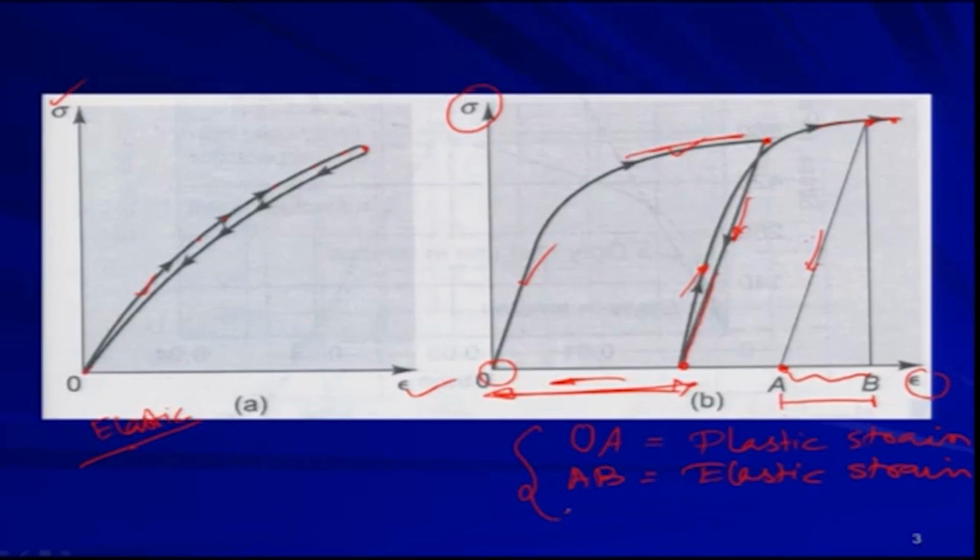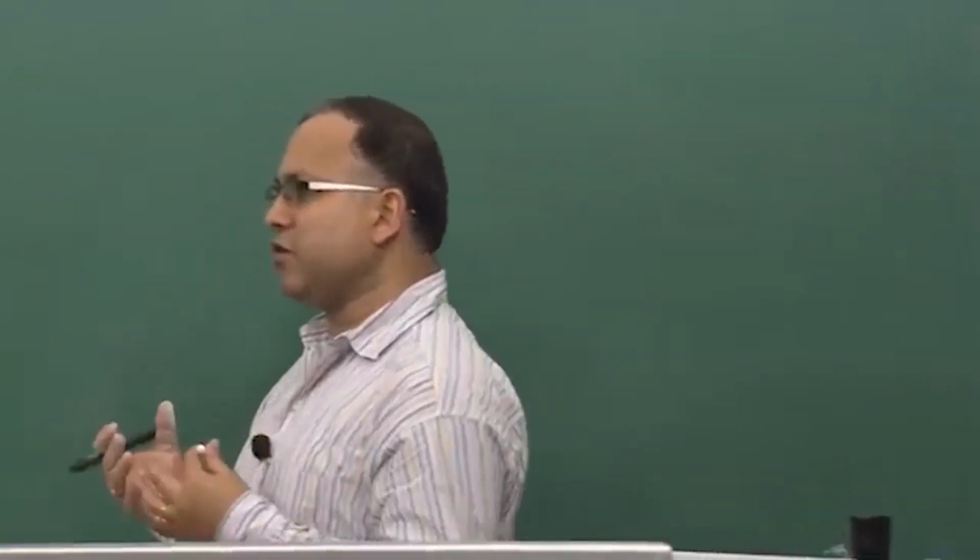Now, for most of the materials, it is not possible to describe the entire stress strain curve with a simple mathematical expression. Try to understand. Sometimes this behavior is very complicated. So, most of the time this stress strain curve cannot be expressed in a simple mathematical expression.